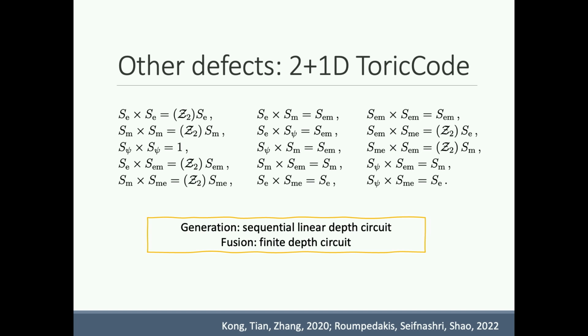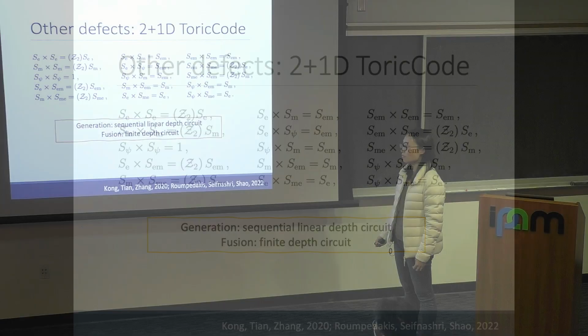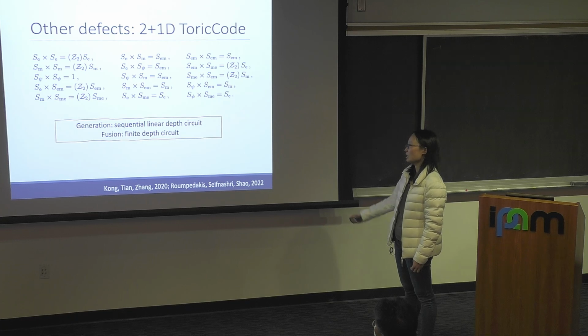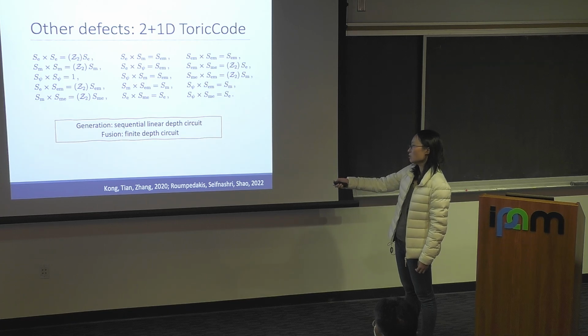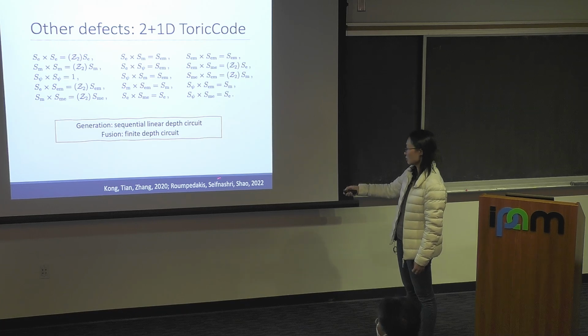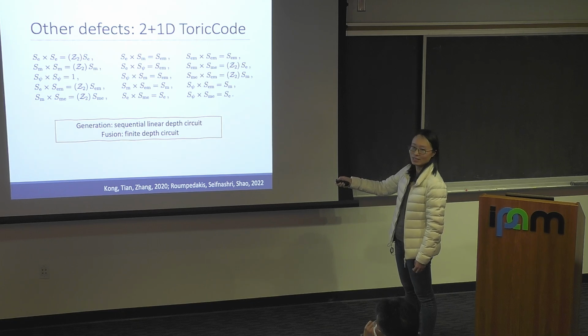Some of them are condensates, some are not. But in any case, these non-trivial defects, what we find is that all of them can be generated with a sequential linear depth circuit, and then their fusion, this is a big fusion table that I took out of this paper, all of these fusions can be realized with a finite depth circuit.